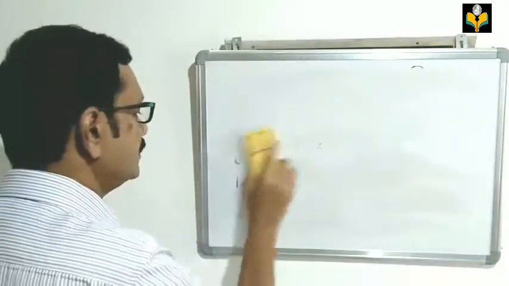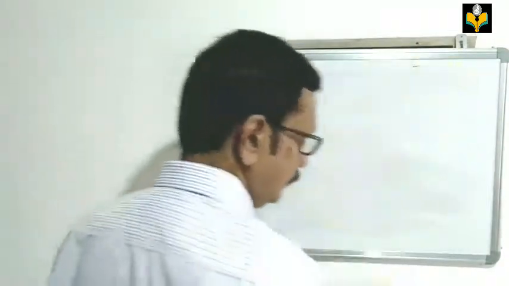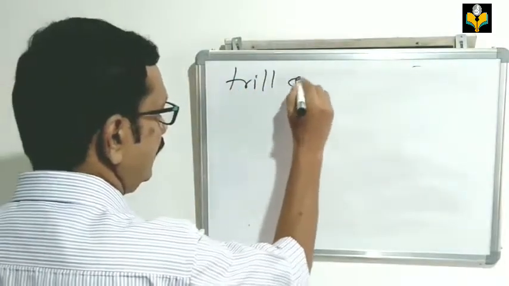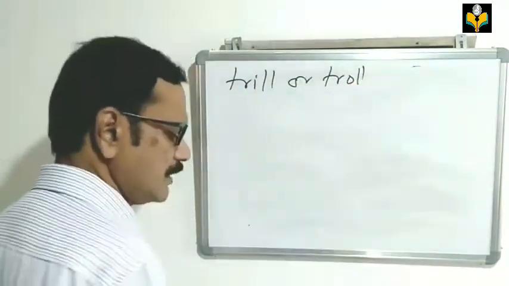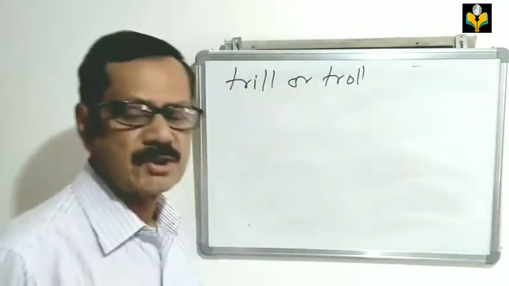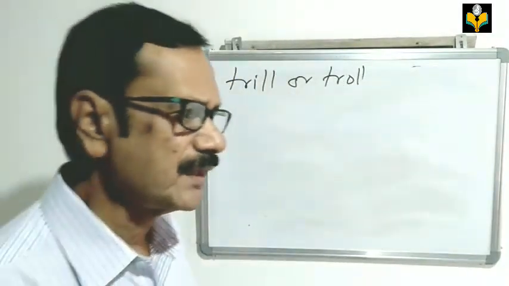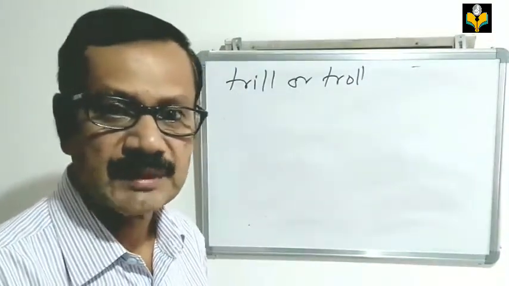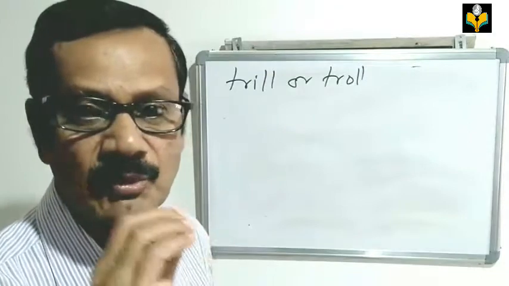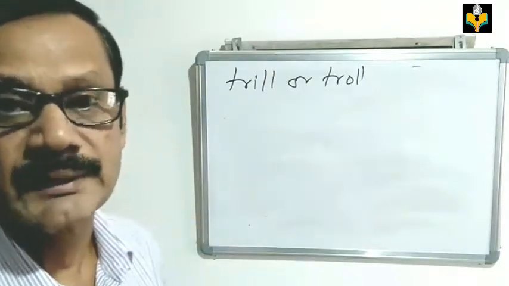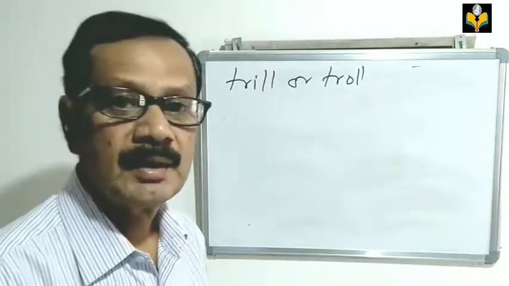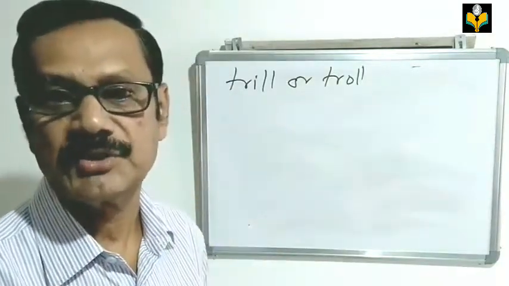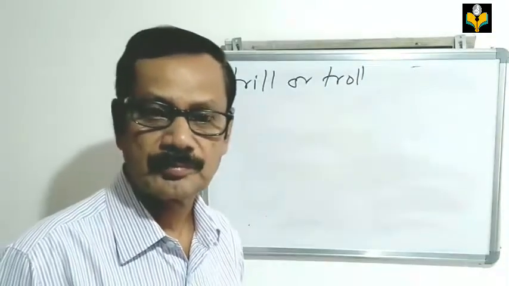Then another one is trill or roll. Trill, same, the two words are the same here. That is, we can pronounce some consonants for a long time. Look at the R sound, alveolar frictionless continuant. We can continue it for a long time. It is called trill or roll.